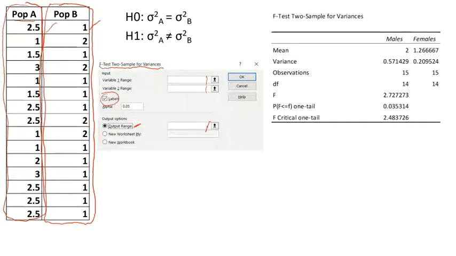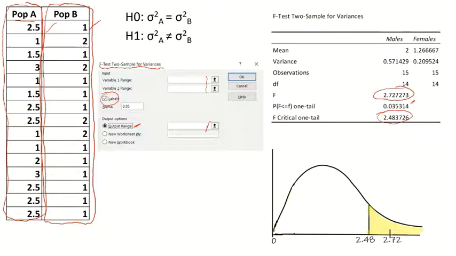Okay, so what are the important numbers here? You have your F value, that's the ratio of your 2 variances. And then you have the F critical, or the critical region. And then you have the P value. So if we are going to graph this, it's obvious that our F value, 2.72, is already way beyond, or greater than, our F critical, which is 2.48.